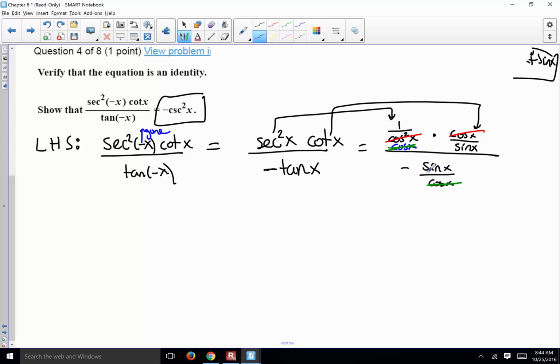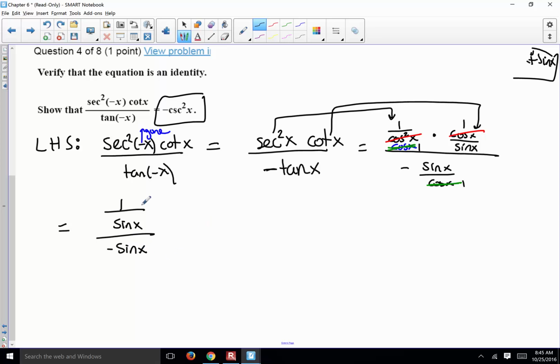Why don't we cancel sine and sine as well? Can I cancel those? No. This is in the numerator. This is in the denominator of the top. Wrong. They don't cancel. So let me rewrite what's left here. 1 left, sine x left, sine x left. This is 1. So 1 times 1 is 1. 1 times sine is sine x. And on the bottom you have only minus sine x.